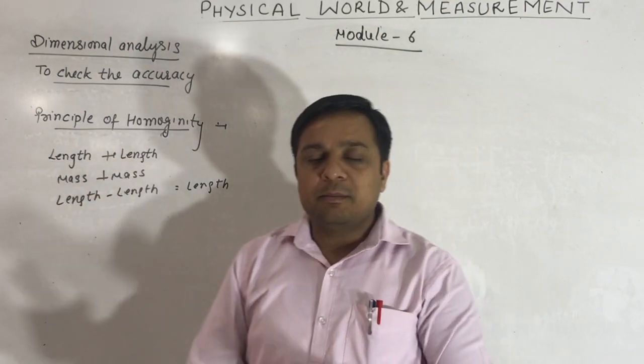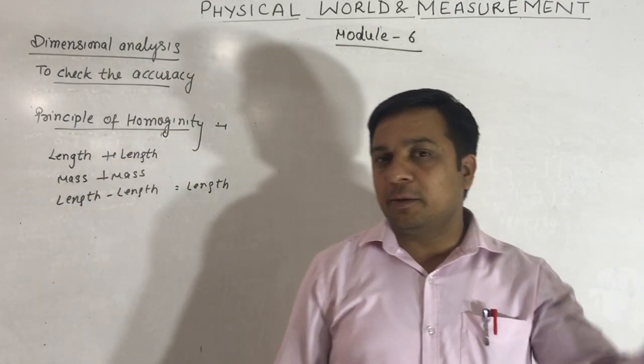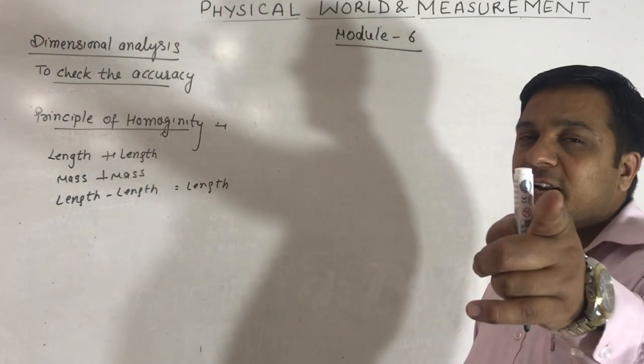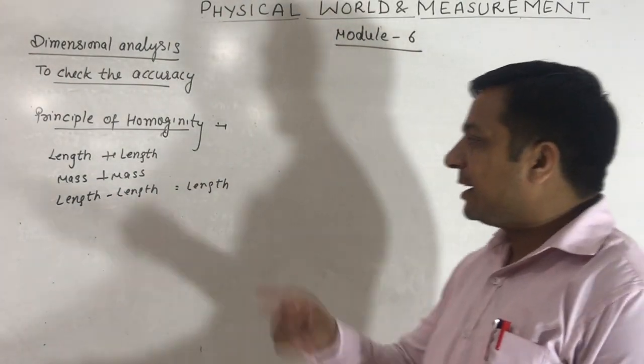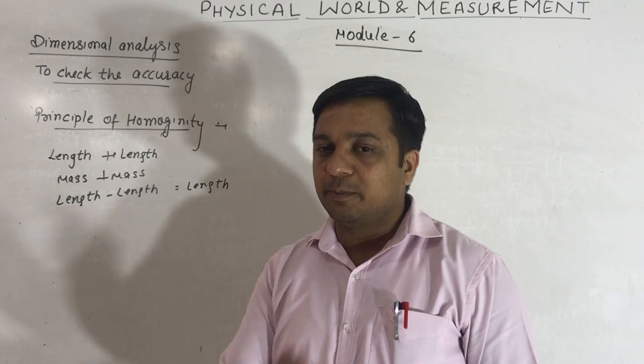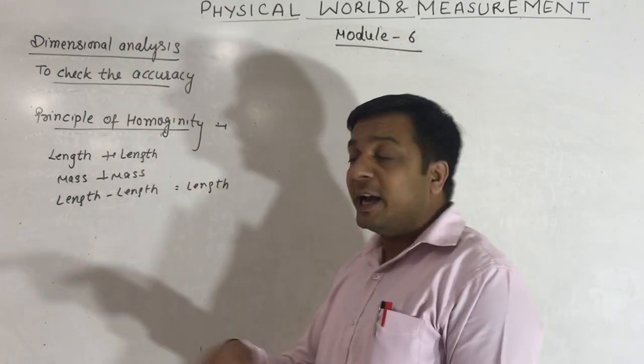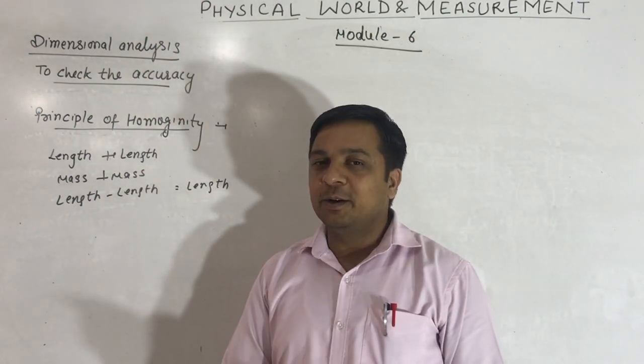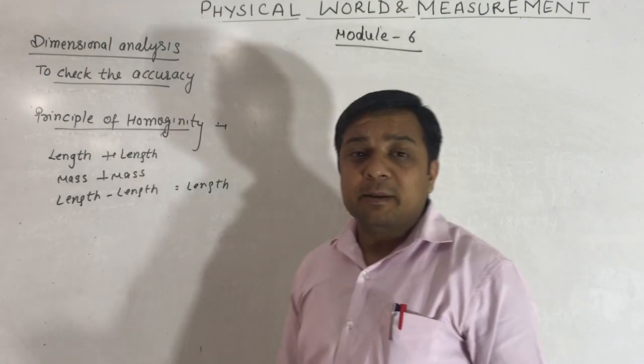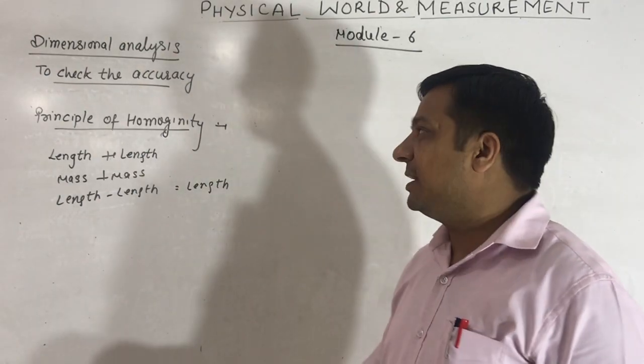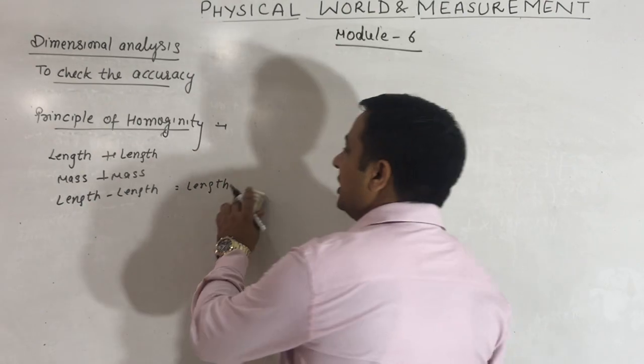According to the principle of homogeneity, you can add length to length, mass to mass, and volume to volume, or subtract length from length, and the result is also length. Mass can be added to or subtracted from mass, but mass can't be added to or subtracted from volume. Similarly, length can be added or subtracted from length, time from time, and area from area. This is the principle of homogeneity.